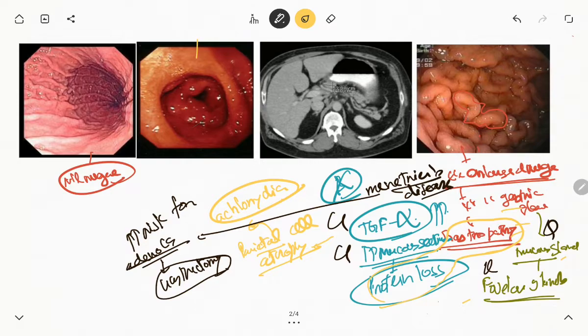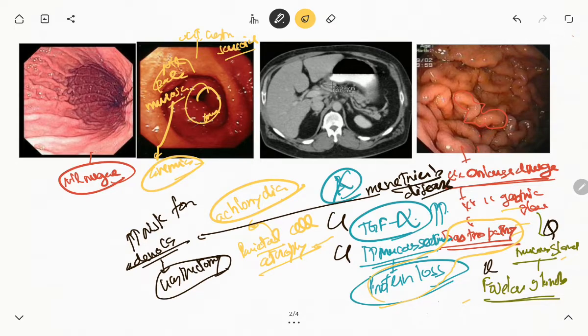This is the endoscopy finding of a gastric sarcoid, in which there is hypertrophy or increased mucous glands with normal pale mucosa. That is due to your anemia.